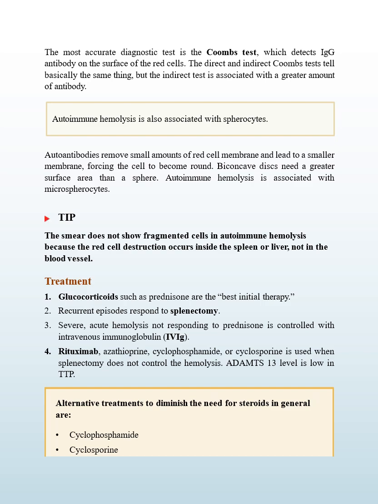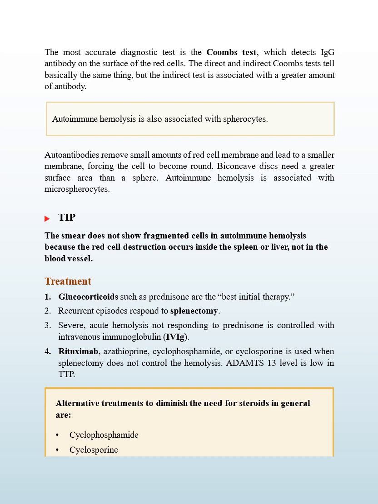This is a clinical tip. Autoantibodies remove a small amount of red cell membrane, leading to a smaller membrane and forcing the cells to become round. A biconcave disc needs a greater surface area than a sphere.